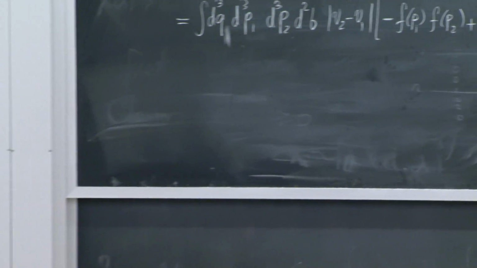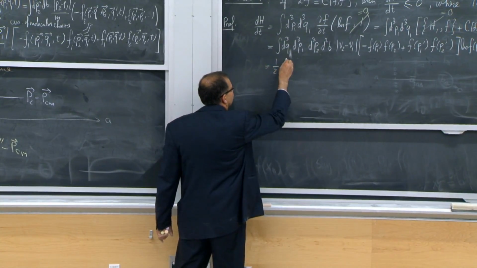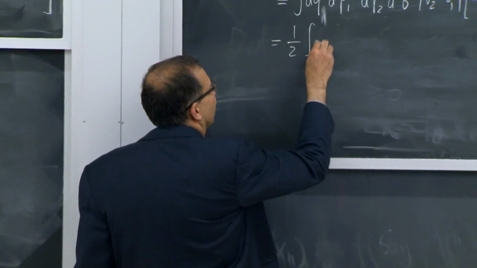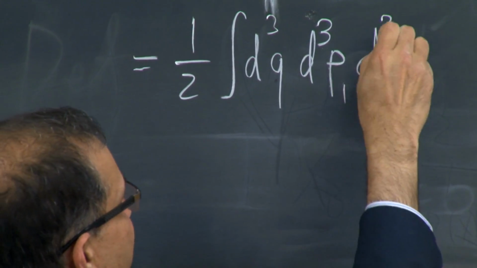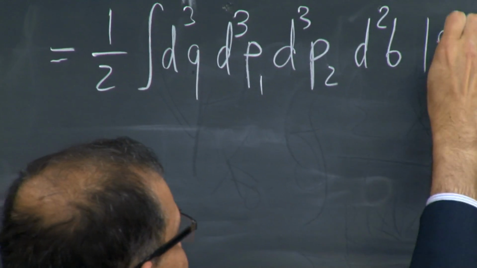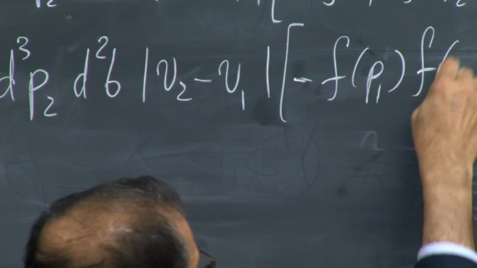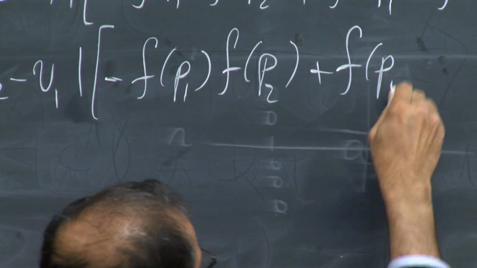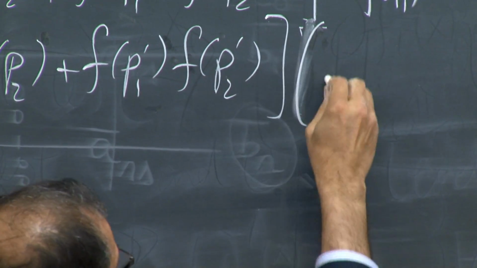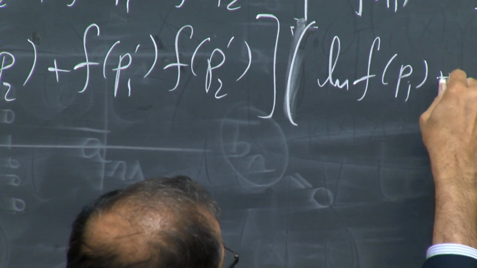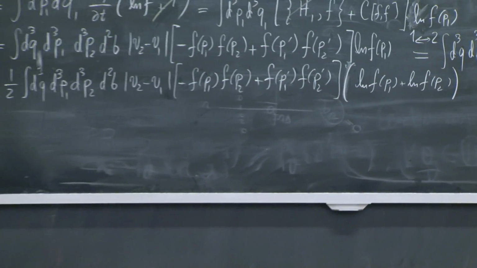And then what I can do is I can say, OK, those are really 2 forms of the same integral, and I can average them and write the average, which is 1/2 the integral d³q, d³p1, d³p2, d²b, relative velocity, minus f of p1, f of p2, plus f of p1 prime, f of p2 prime, and then I have log of f of p1 plus log of f of p2, and I have divided through by 1/2. Okay?